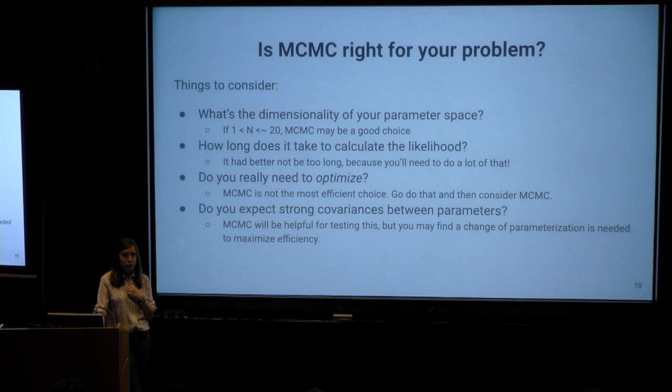So if you're trying to constrain the parameters that go into a full-scale cosmological simulation, and you have to rerun the simulation with new starting parameters every single time in order to evaluate the likelihood, MCMC just isn't going to be practical for this, and you'll have to find workarounds.